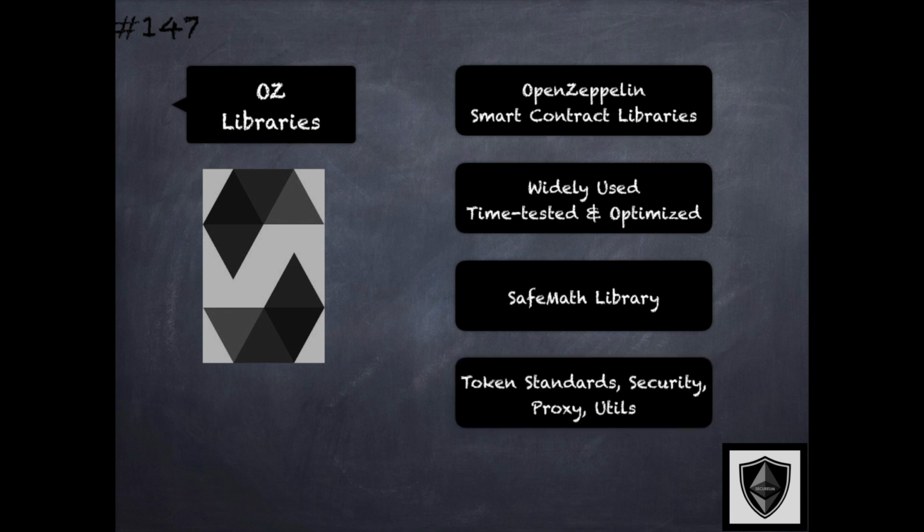There are also numerous other OpenZeppelin libraries related to the implementation of token standards, various security functionalities, proxy contracts, and utilities. We would encounter one or more of these OpenZeppelin libraries when you're developing smart contracts as a developer, or when you're auditing smart contracts for their security.